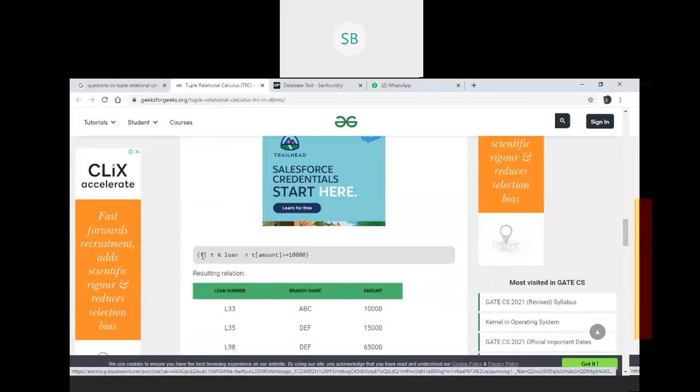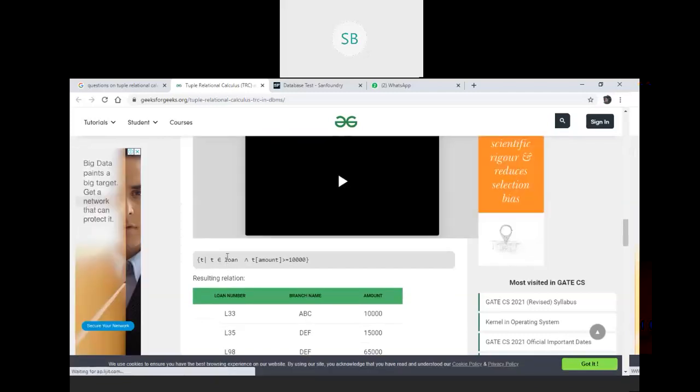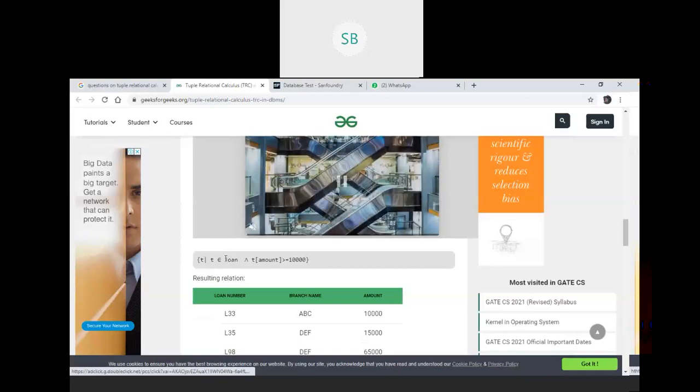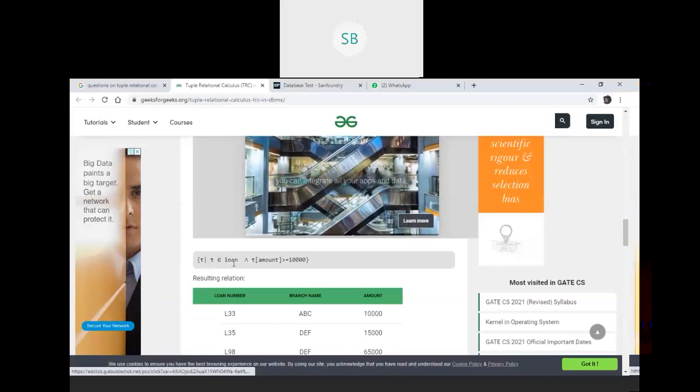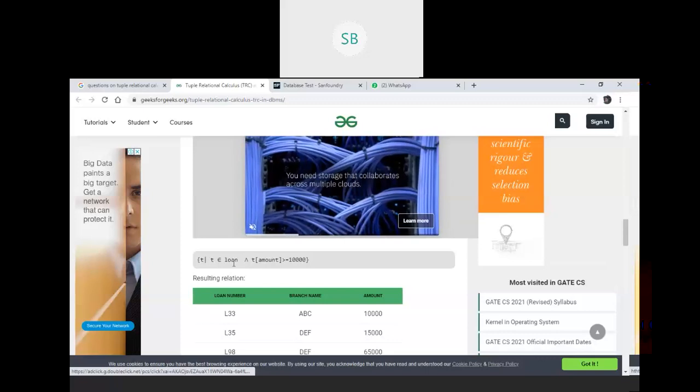Just check here. We have a variable t. That t belongs to which table? Loan. You can write it the way I used, that is loan of t, or the way we use employee of t.